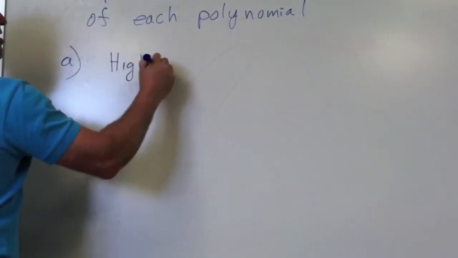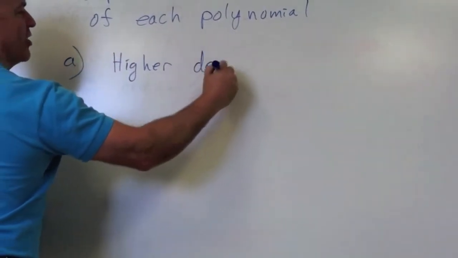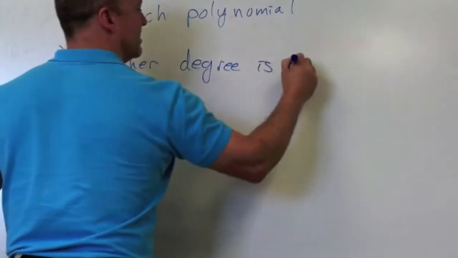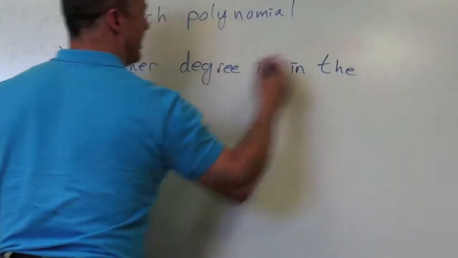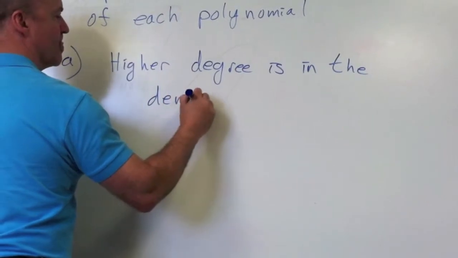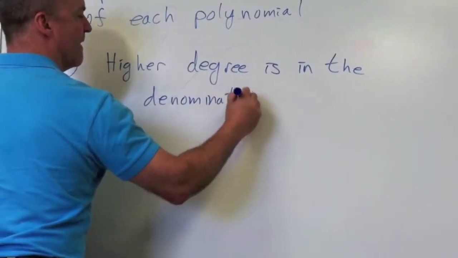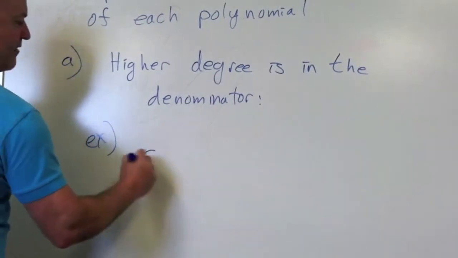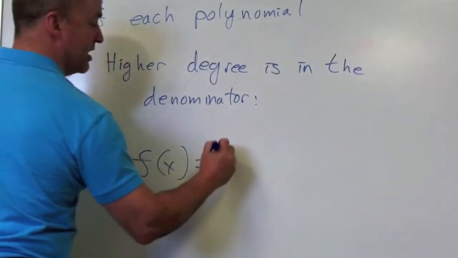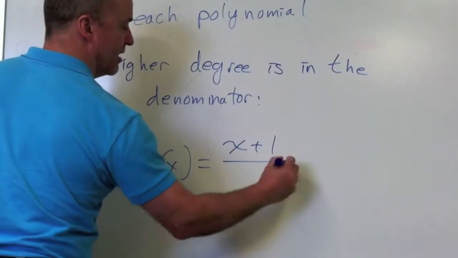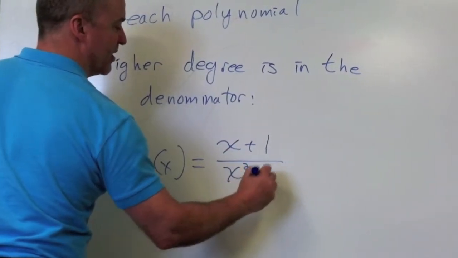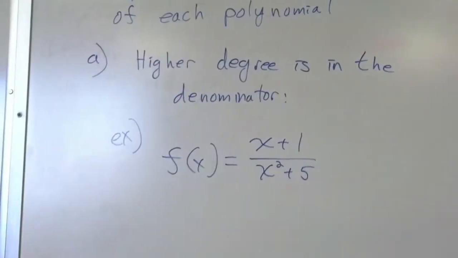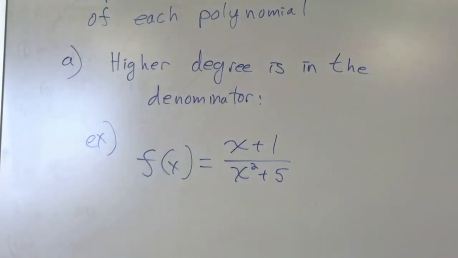If the higher degree is in the denominator, for example, f of x equals x plus 1 over x squared plus 5. That's an interesting little rational expression. They're both polynomials. There'd be no vertical asymptotes because there are no zeros in the bottom.